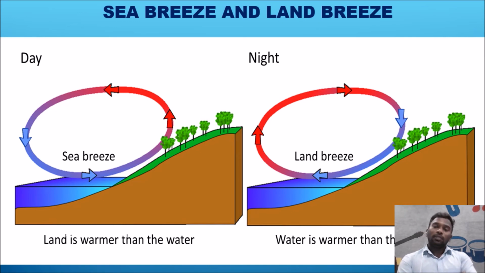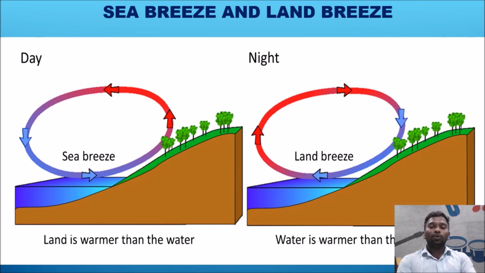At night time, the absorbed heat energy will be released from the land. Now land becomes cooler than water. The remaining amount of energy will be transferred to water. Now water is hotter than land. In the night time especially, water is hotter than land.